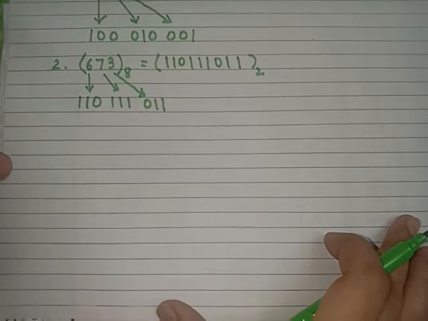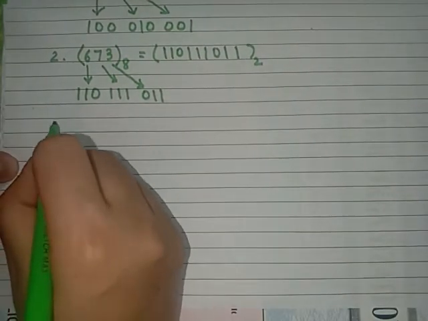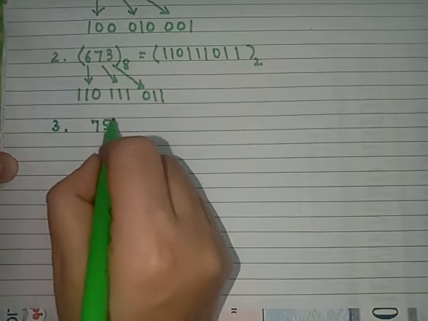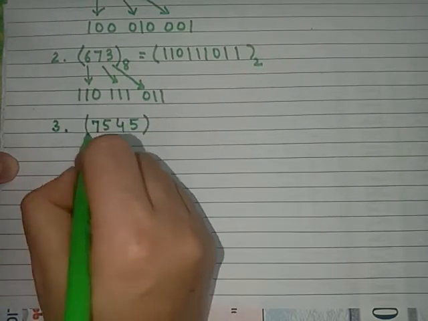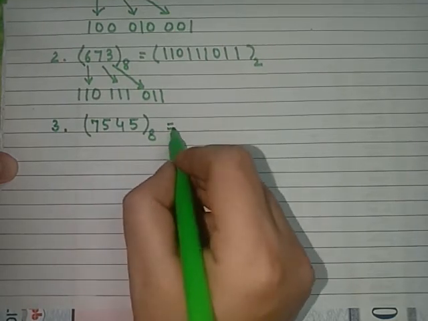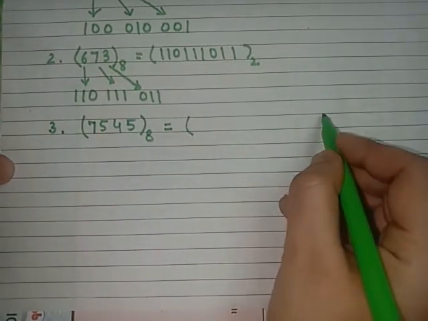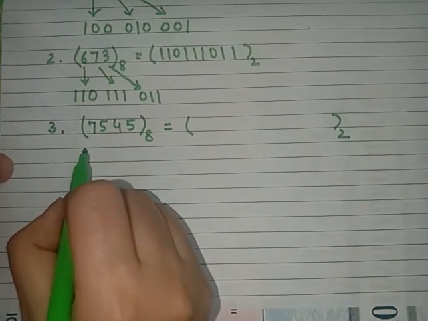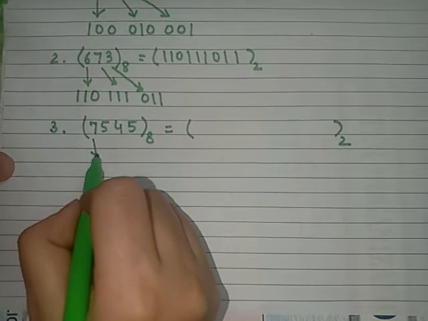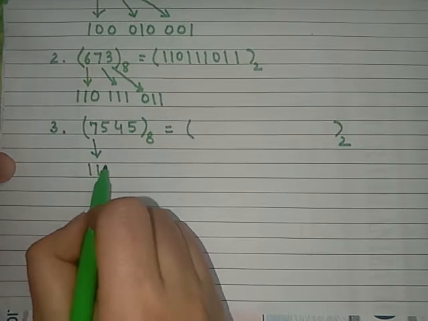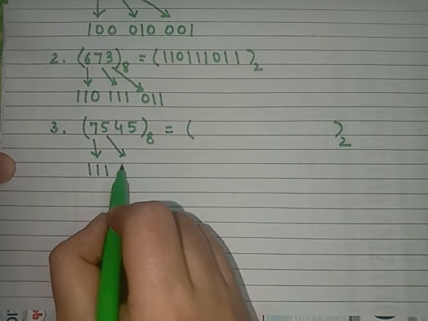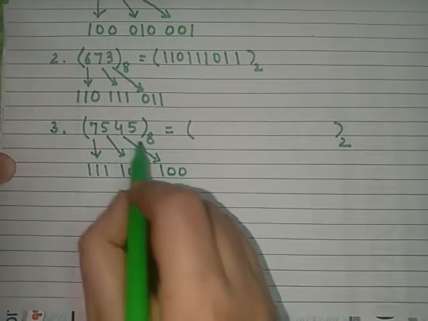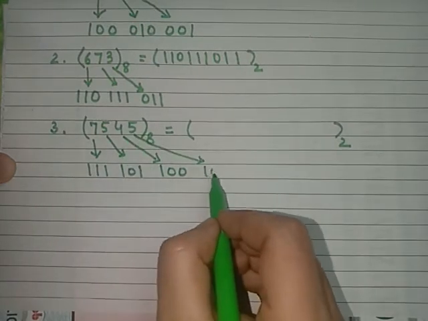One more example I am going to take is a 4-digit number 7545, in the octal number system, and we have to convert this into binary. Again, using the same method and the same table, 7 is equal to 111, 5 is equal to 101, 4 is equal to 100, and again 5 is equal to 101.